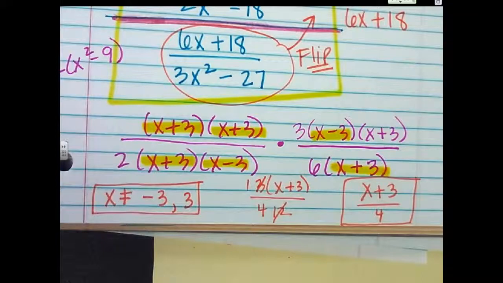Guys, number 1, there is not a restriction on number 1 because there's no variables on the bottom. Once you flip it, there's just numbers. There's no restriction on number 1.